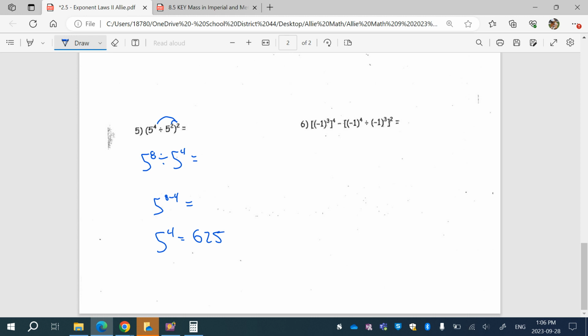And our last one, let's deal with these brackets first. Let's distribute our exponent inside to each of them. So I'm going to rewrite this negative 1 to the power of 3, all to the power of 4, subtract 2, let me just do big bracket, negative 1 to the power of 2 times 4 is 8, divided by negative 1 to the power of 2 times 3, which is 6.